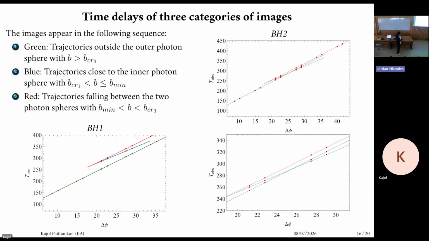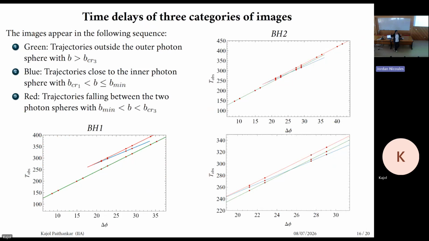Then once we have these multiple images, we try to see, based on the category, is there any sequence in time that we can figure out. So it turns out that the 3 images that I showed you earlier, blue, red, and green, appear in a specific order. So the green image will always appear first. Once I pick the order, the first image will always appear close to the outer photon sphere.